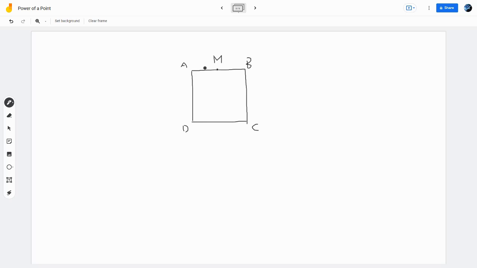And it's the midpoint of AB. So we know that this is going to be 5 and 5, right? And we want to find the length of the portion of the segment MC that lies outside the circle.